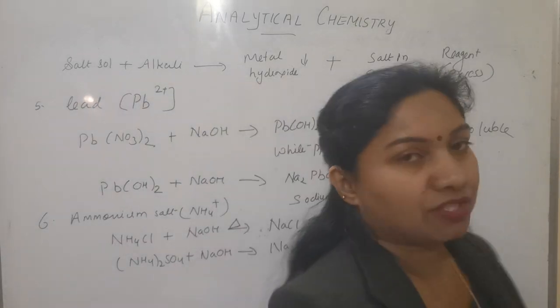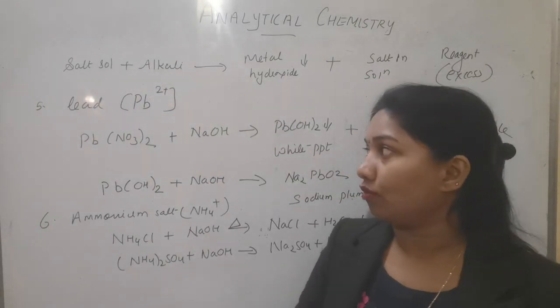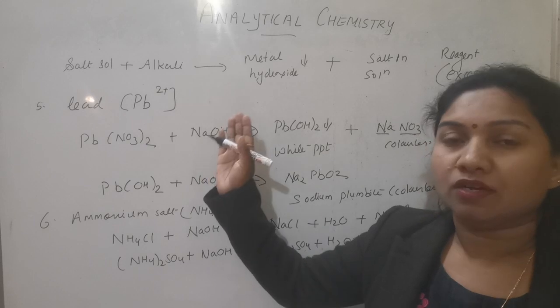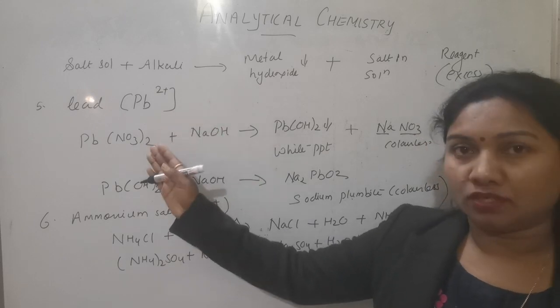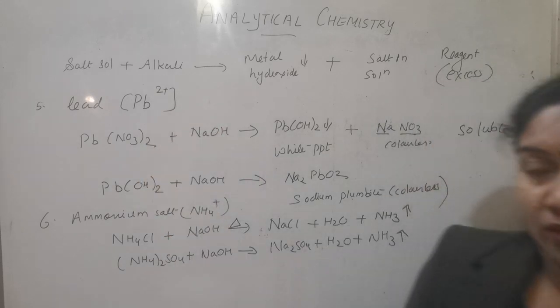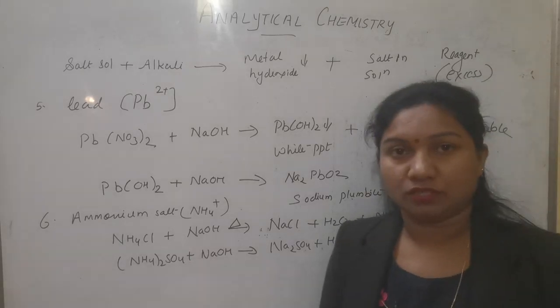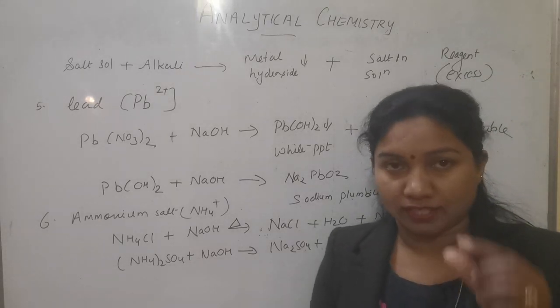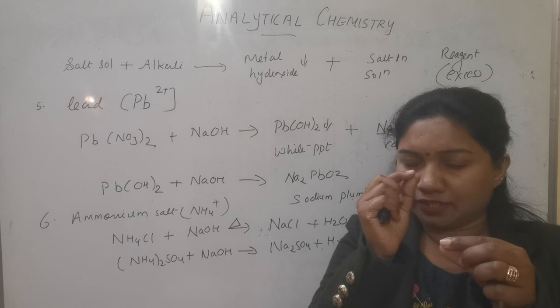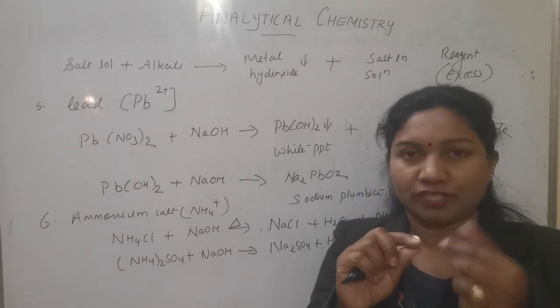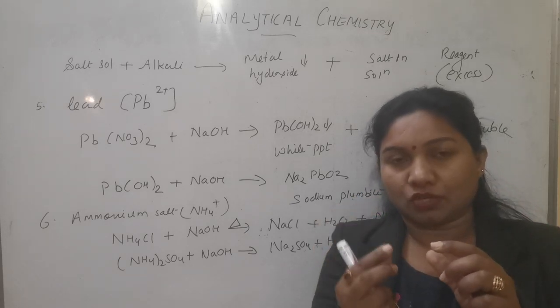So in these reactions, we have seen the effect of reagent sodium hydroxide on certain salt solution. So what we did, we took the sample of salt in the test tube, we added a little amount of water to it to just make it dissolve in water.